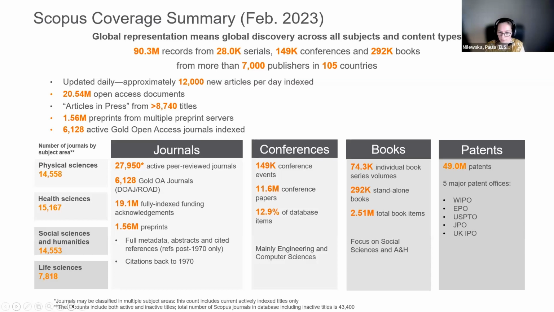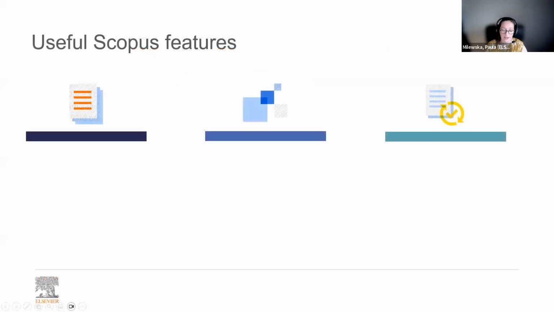Anytime you are downloading files or doing any kind of bibliometric analysis or citation analysis, please remember that Scopus is updated daily. It's good to always put a date when you retrieved this information, because one week or two weeks later, this information can look different.